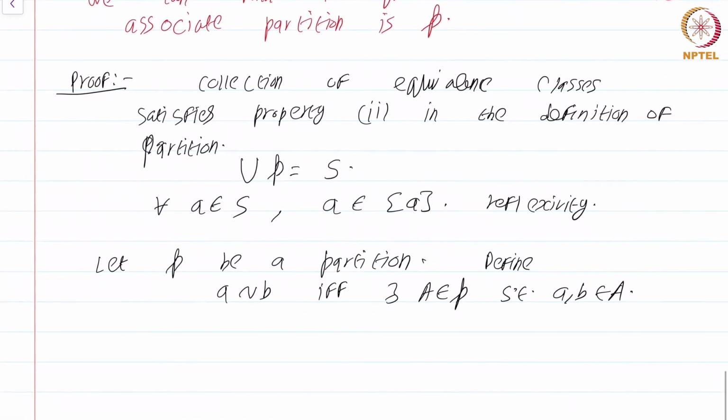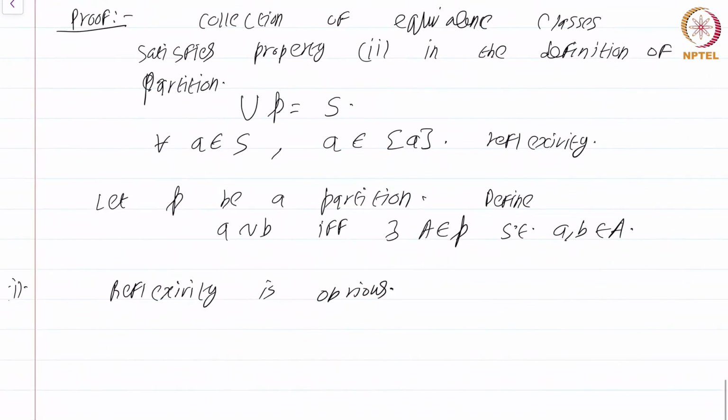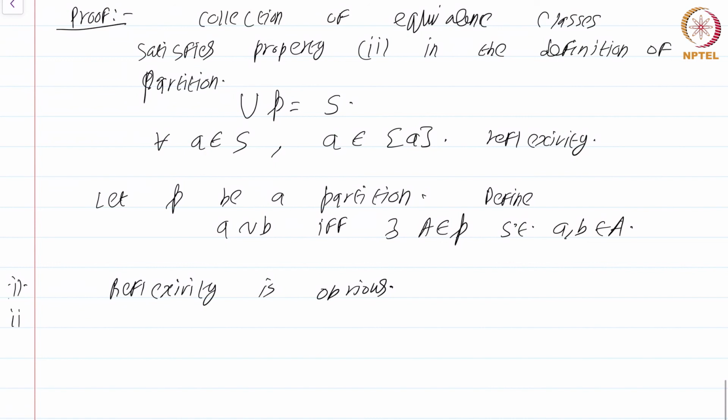Now first, reflexivity is obvious. Why? Because A comma A will belong to the set. Second, symmetry is equally obvious. If A comma B belong to the set, then B comma A also belongs to it.